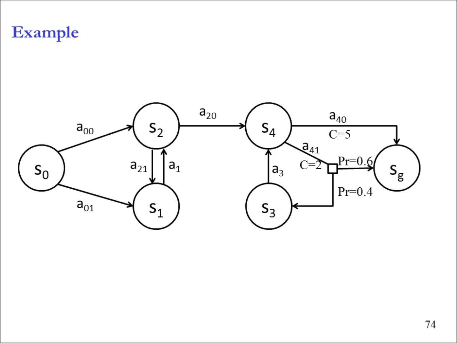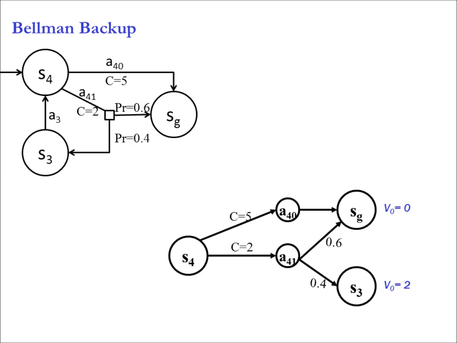So here's my example. This is a more complicated MDP, but let's do a part of this. Let us suppose that I want to do iterative refinement at S4. The operator that we use is called the Bellman Backup operator. My current value is 0 for S goal and 2 for S3.